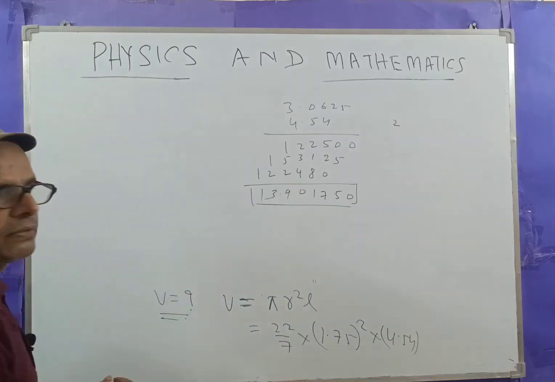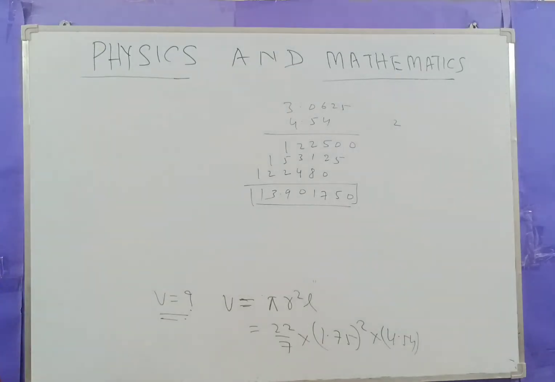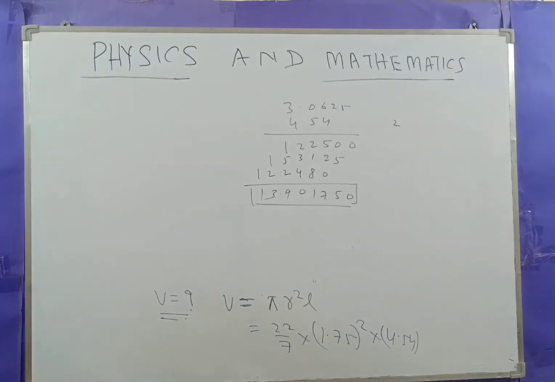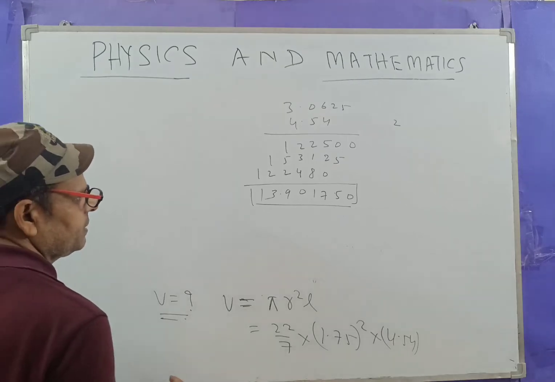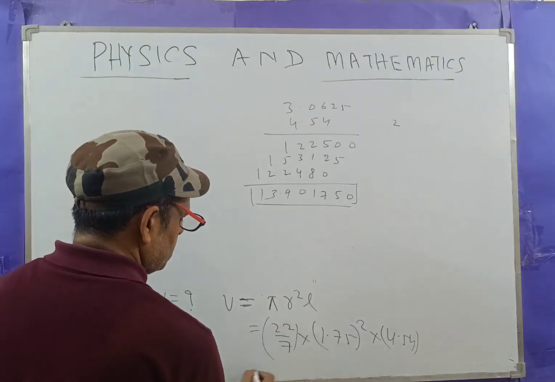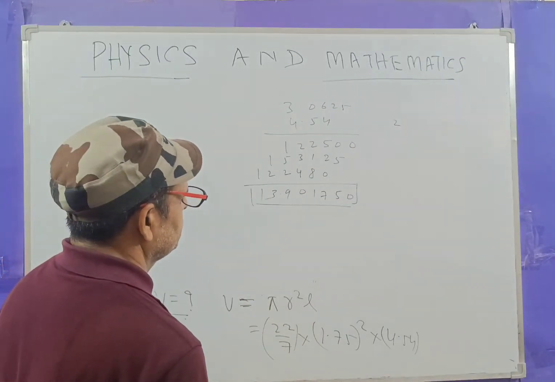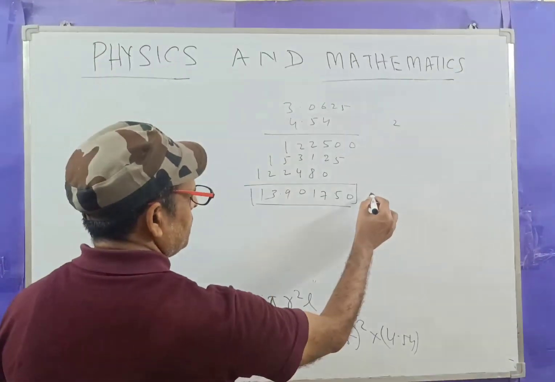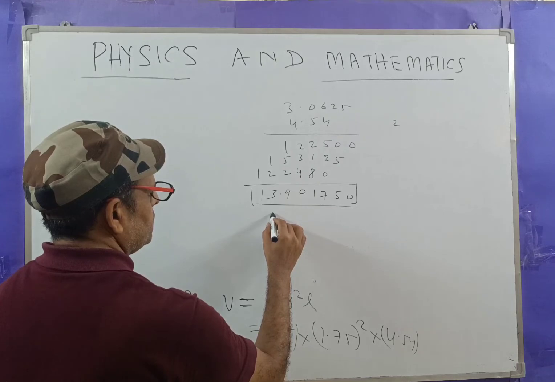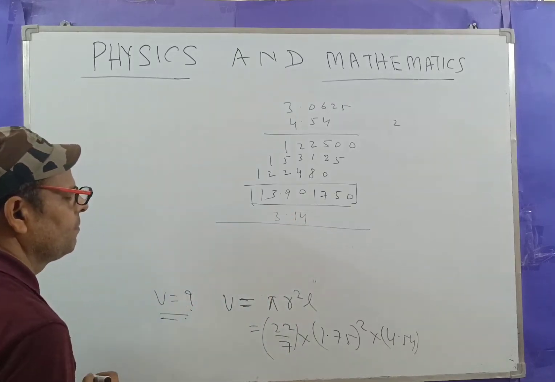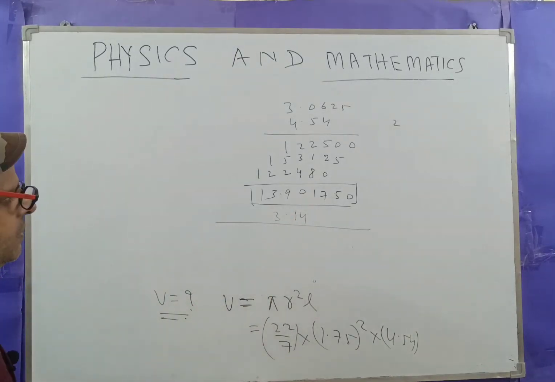You can calculate in your own way. Now you can check it. Now 22 by 7 is 3.14.